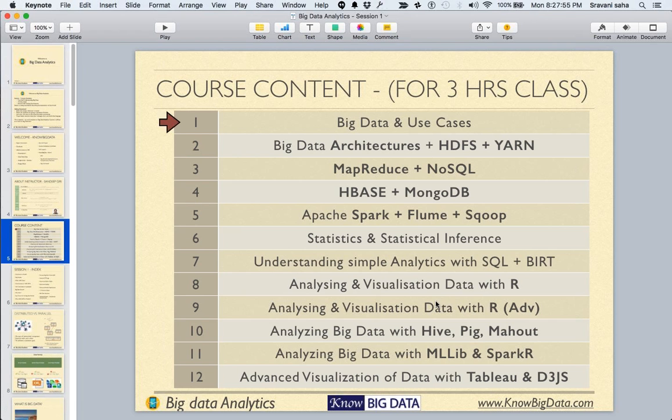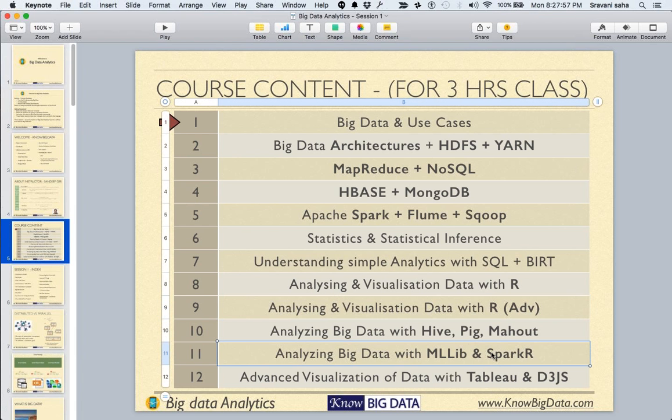So that's the course curriculum. We will also get into understanding two new tools, MLlib and SparkR, where they come into use, what is so great about them, and when to use which one.